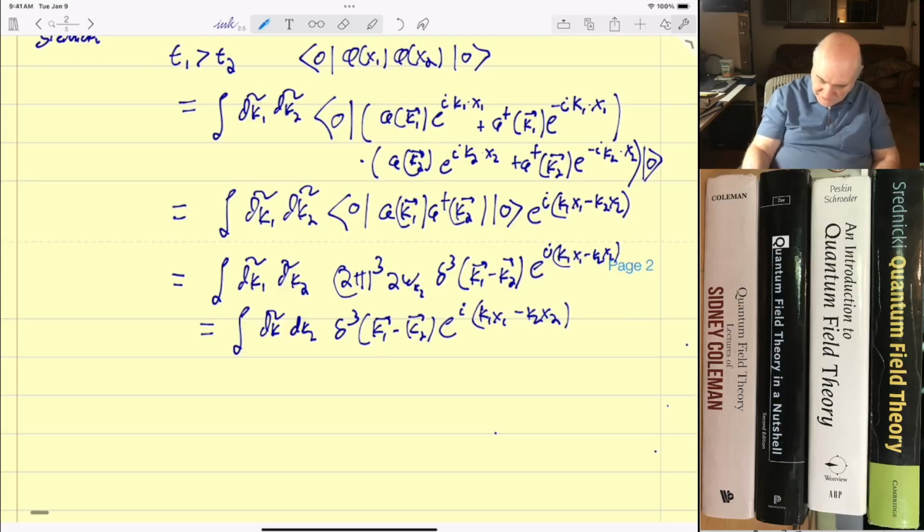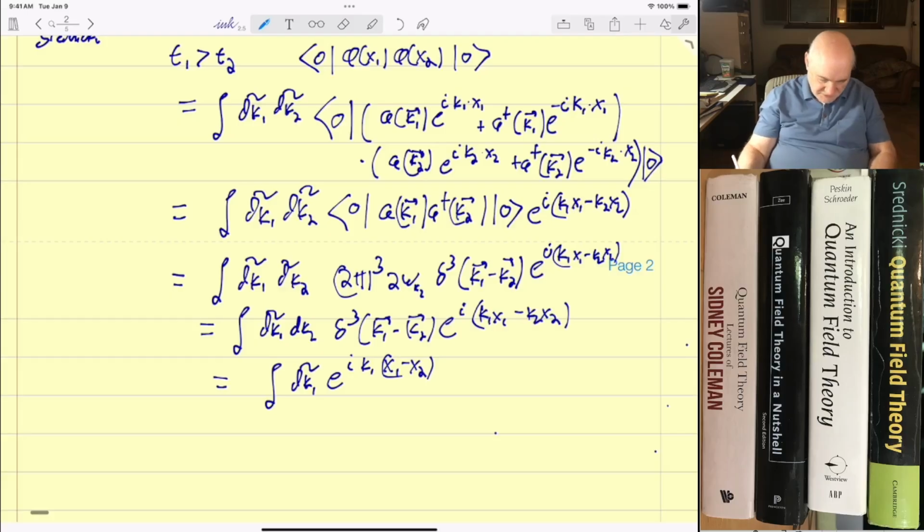So now the k2 integral becomes very easy, and we have just the integral dk1 tilde e to the i k1 times x1 minus x2, because we said k1 equals k2. So this is the first term of equation 8.13.